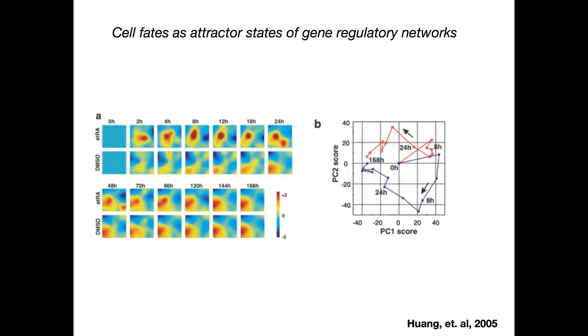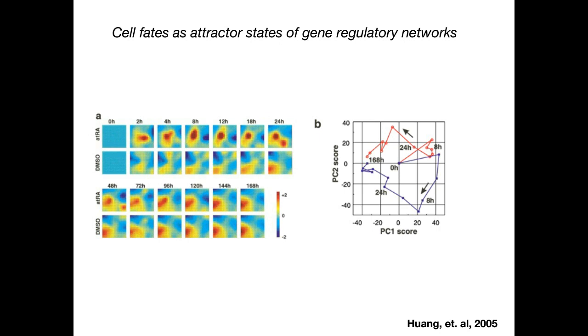They found that although initially the cells depart from each other because of the difference in the stimulation, they eventually converge into the same destination, because the final neutrophil state is the attractor state.